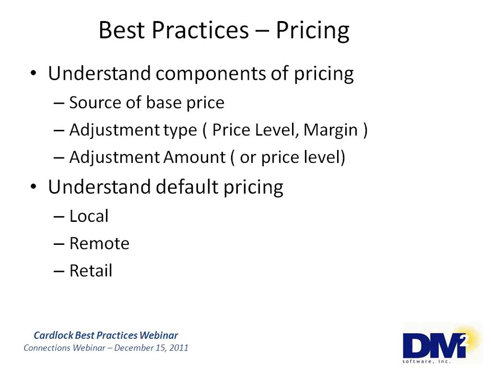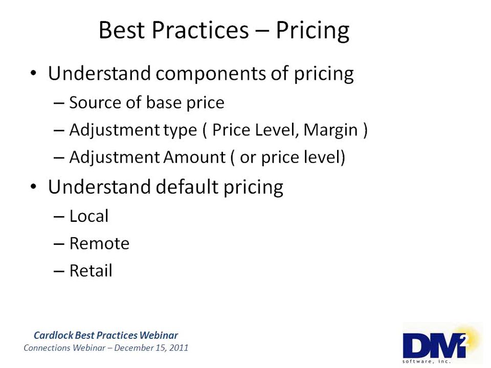For remotes, I can mark it up by a price level or a margin or what's called an R table, and we'll talk about that here in a little bit. And then the next component, once I decide how I'm going to mark it up, is how much am I going to mark it up. So I've got an adjustment amount.